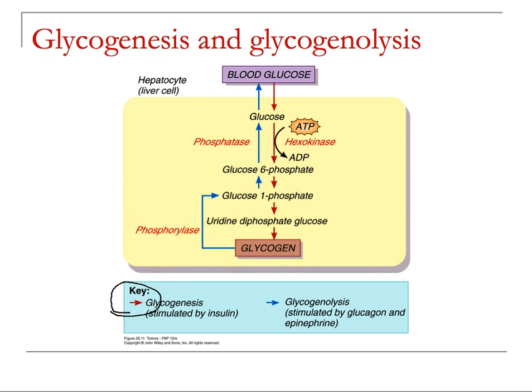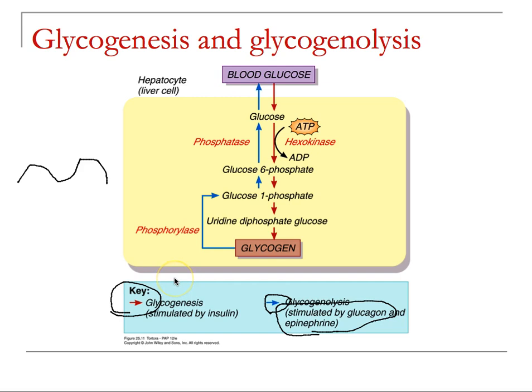Then, if the levels get too low, then we're going to use glucagon and epinephrine to cause the phosphorylase to convert glycogen back into glucose 1-phosphate, where you're going to dephosphorylate that glucose so it can now exit the liver to move into the bloodstream. So in red here, we see we use insulin. In blue here, you see we use glucagon and epinephrine.